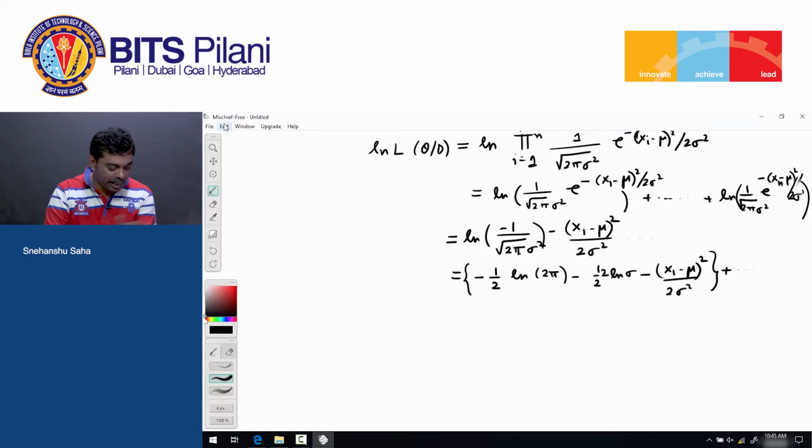Okay. So when I combine all that, how many observations do I have? I have i equal to 1 to n observations, right?